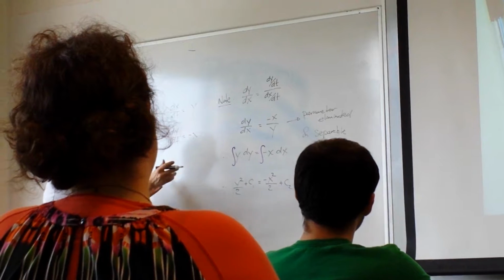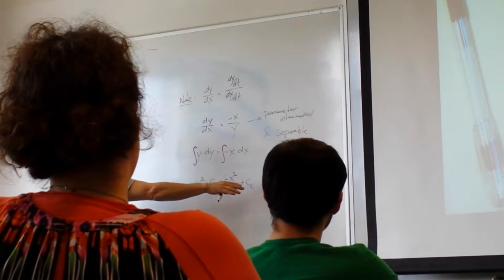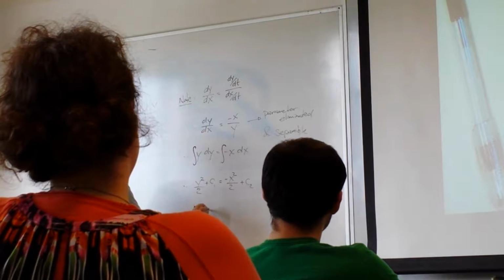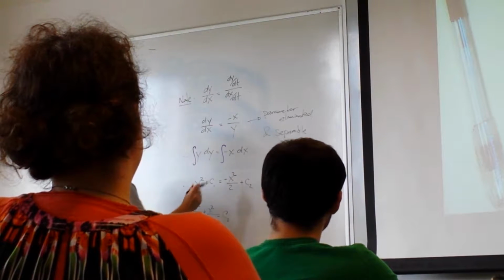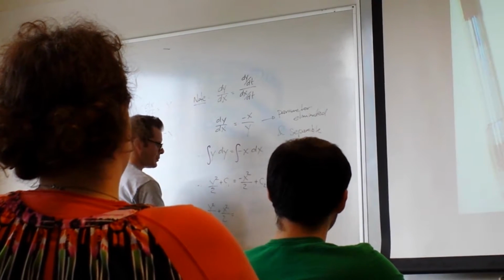Next step, let's get the constants over to one side. I can write this as y squared over 2 plus x squared over 2 equals some constant, call it C3, whatever, C2 minus C1. It's not really an ellipse, is it?